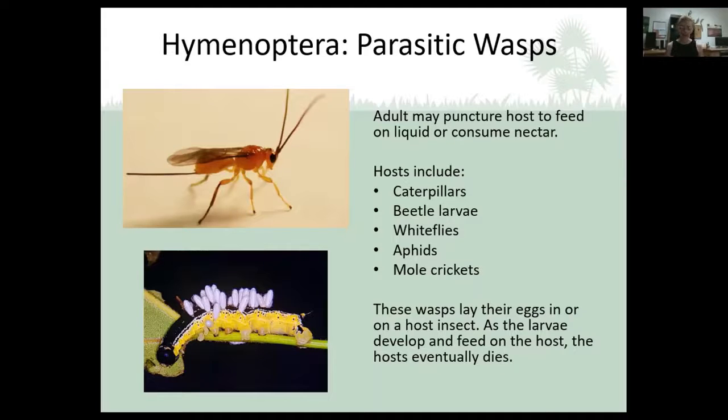With a predator, you have immediate control: you're killing the insect, removing it, and it's no longer causing damage. A parasitic wasp is a little bit slower, the insect can continue to cause damage, but you're establishing a population, so it becomes worth it. They're just so cool. They do this usually on caterpillars, but also beetle larvae, whiteflies, aphids, and mole crickets. Crazy.